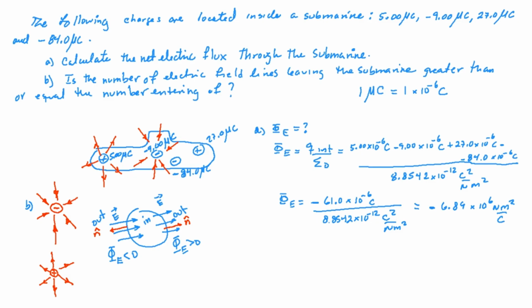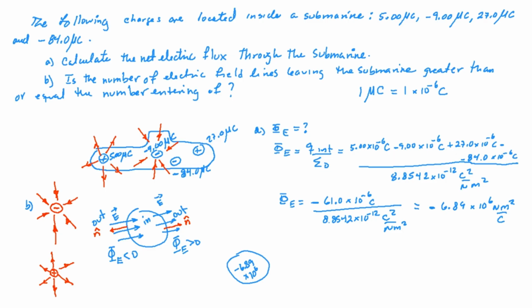Now, what is the problem here? We have that the electric flux is negative, minus 6.89 times 10 to the 6. Let me just represent this a little bit differently.